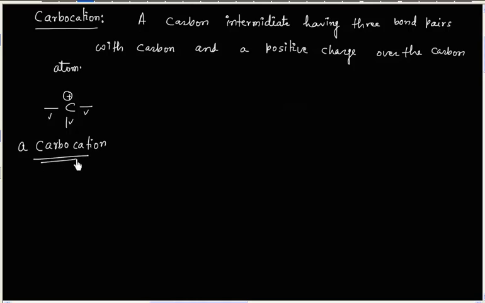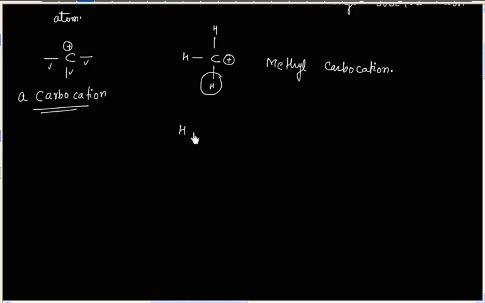Now we can have different kinds of carbocation. This carbocation is called methyl carbocation. Similarly, if I replace one hydrogen with an alkyl group, we will have a carbocation, and this carbocation is called 1 degree carbocation.